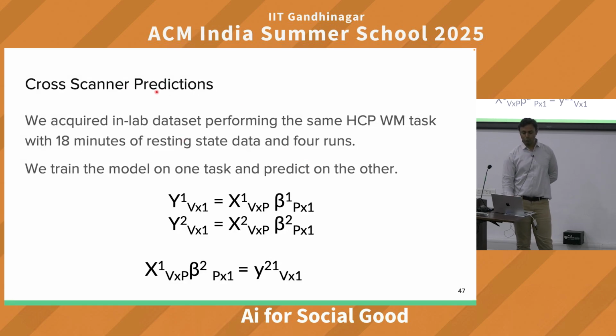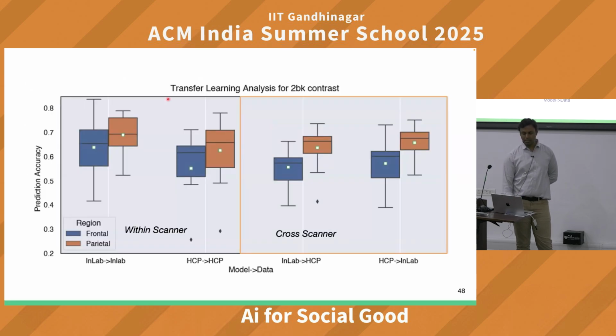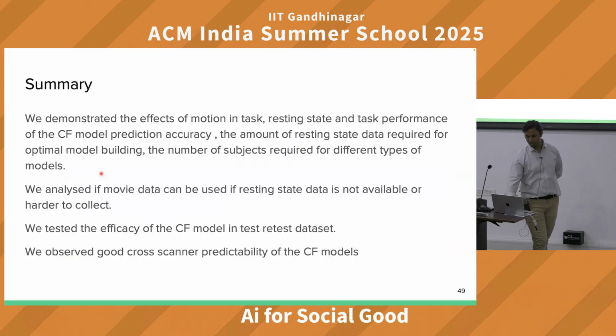So we wanted to see if we can do cross scanner predictions, और वो भी काफी अच्छा आ जाता है in this model. So the model is able to learn something inherent, something intrinsic to individuals, and there's not much difference in cross scanner and within scanner predictions. ठीक है. So this was the entire benchmarking fingerprinting thing.